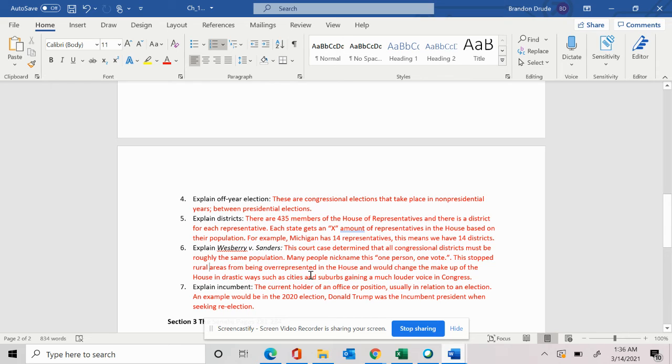In the House, cities and suburbs would gain a much bigger voice. There are a lot of other more political things that happened here, but the most important thing is that it gave a louder voice to cities and more populated areas.